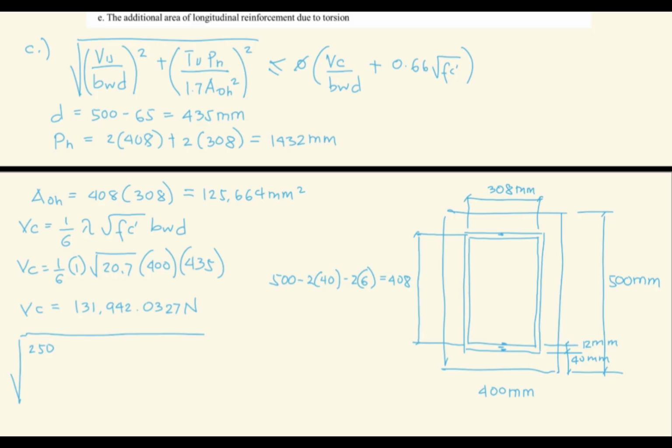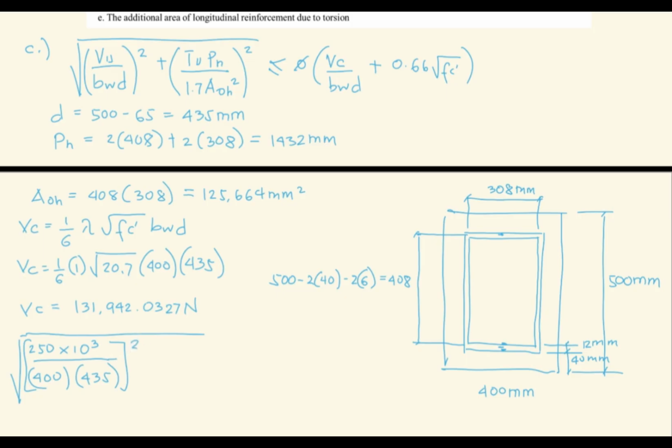We'll be making this in newtons, so that if we divide it with the unit of mm and mm, that is 400 and 435, the resulting unit would be megapascal.